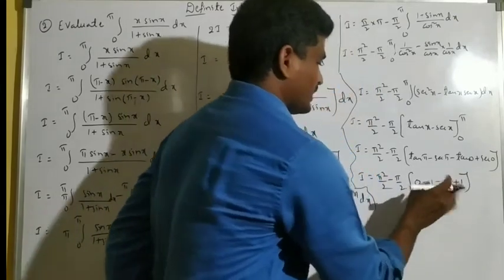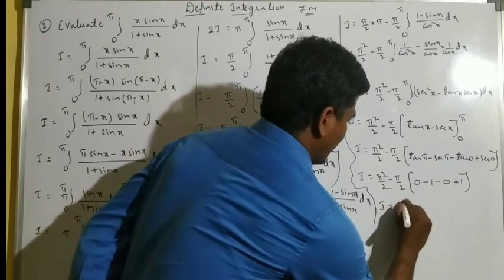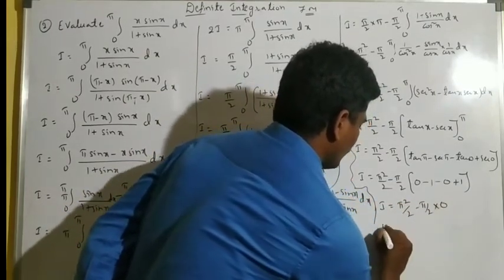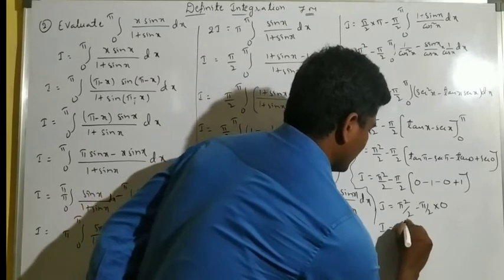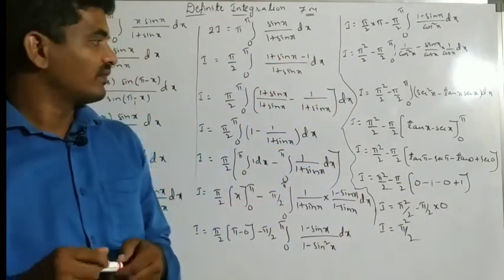So here plus 1 minus 1 equals 0. Finally, I equals pi square by 2 minus pi by 2 into 0. Finally, I equals pi square by 2. This is the final answer.